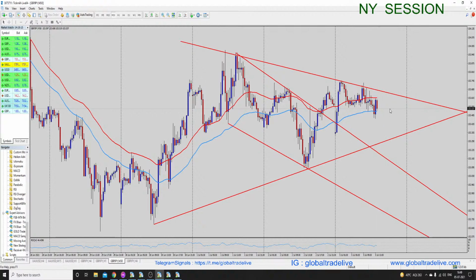And if we talk about where it can really go, then this trend line will be the point. It may reject this trend line, and if we calculate the range over here, then it's really more than 15-16 pips. So that's a really good range.